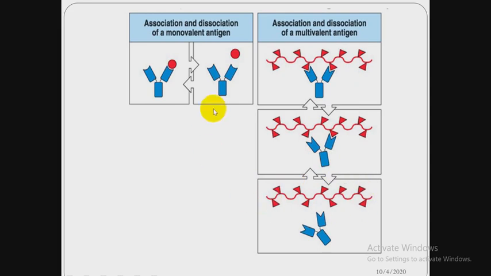So in the first picture, we can say that the interaction of the antigen binding site and this epitope is called affinity. But in the second part, we have a multivalent antigen and the interaction of antibody with two antigen binding sites with this multivalent antigen. The strength between this antibody and this polyvalent antigen is called avidity.